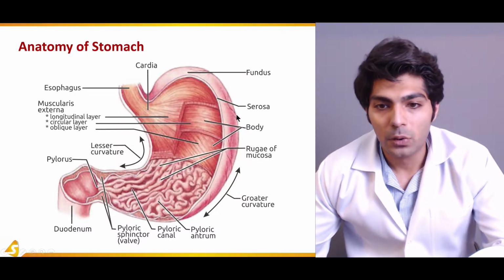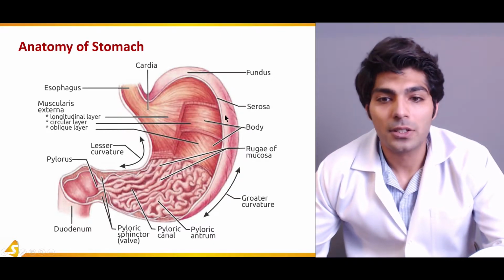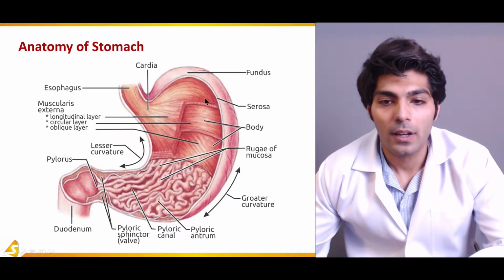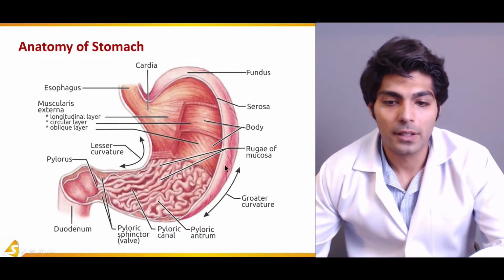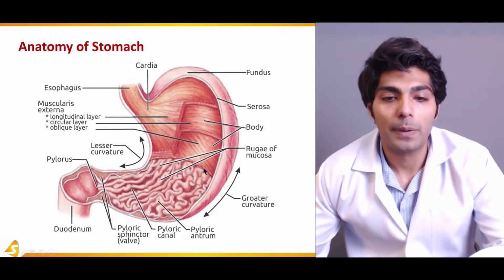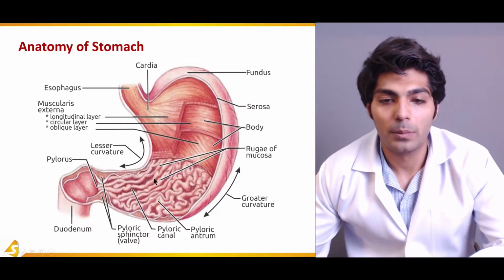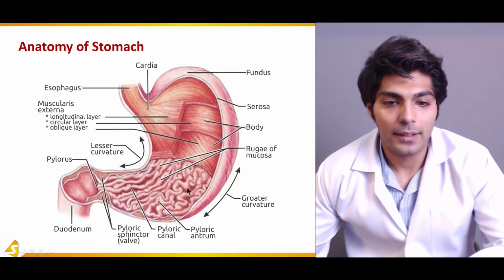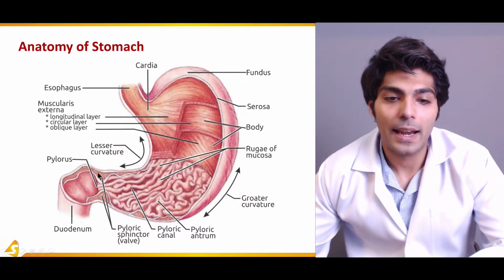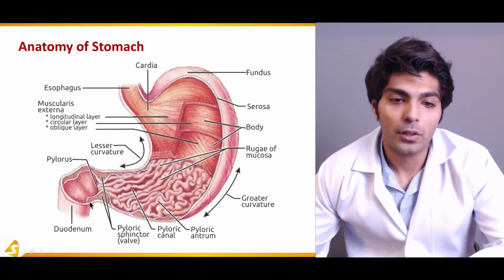Then we have the serosa, which is rich in serous fluid, the lining membrane of the stomach. We have the body, with rugae of mucosa. Then there is the greater curvature leading up to the pyloric sphincter or the pyloric canal, and then the pylorus enters into the duodenum, where the duodenum begins.